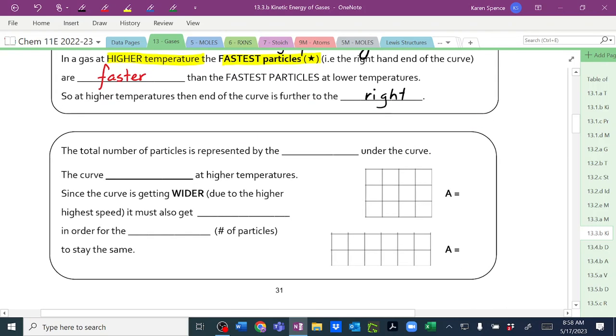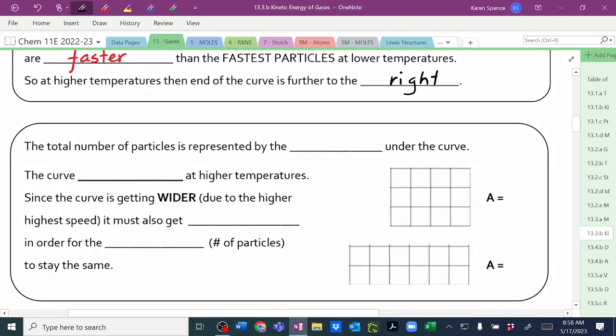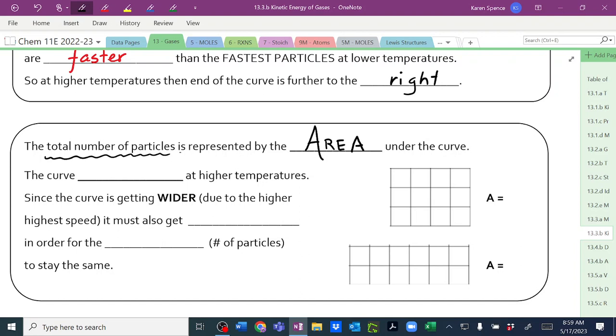So the total number of particles is represented by the what under the curve? The area, yes. So that's our total number of particles. The curve gets wider at higher temperatures.